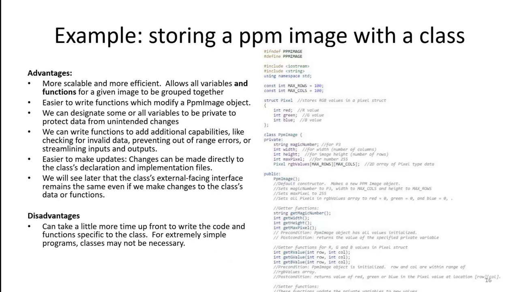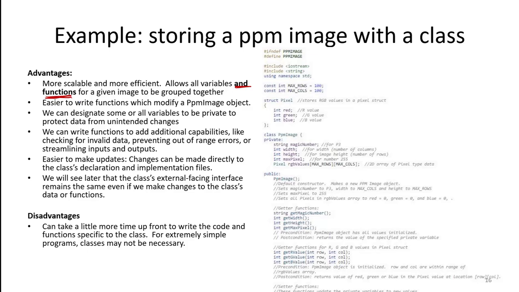So you'll notice that if we use a class to help us store a ppm image, we gain a significant number of advantages. Just like with structs, this is a more scalable and more efficient solution. But notice that it allows us to group all our variables and our functions together for a given image.